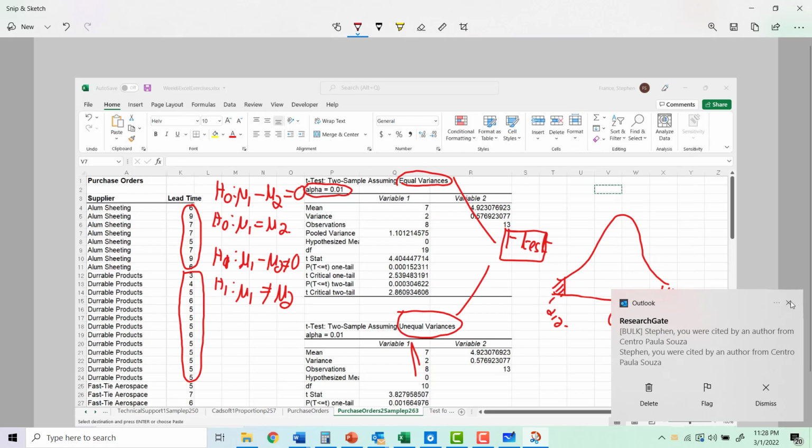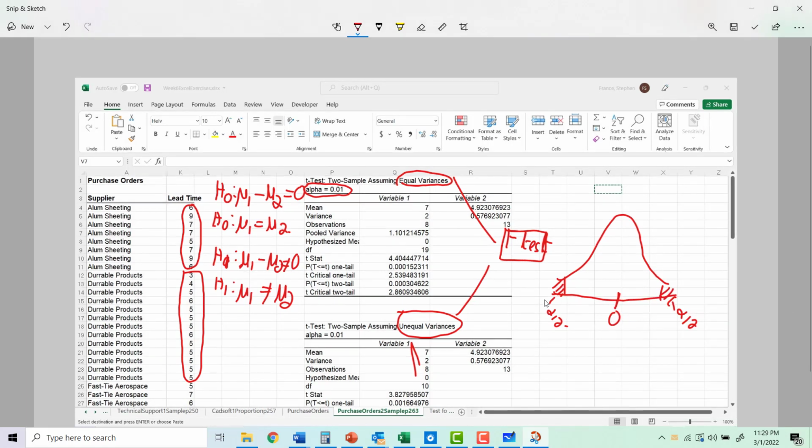And we're going to reject H0 if, as before, my t is greater than t alpha over 2, or basically all you really need to know is that the p is less than the alpha.